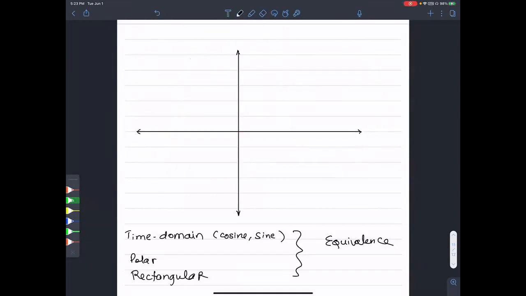Okay, so let me point out that the horizontal axis is the x-axis and the vertical axis is the y-axis. Okay, and by Euler's identity, you can call this the real axis and this one the imaginary axis. Okay, please bear with me with these names, real axis and imaginary axis, but we are pretty used to the Cartesian plane, right? The x-axis along the horizontal axis, and the vertical axis is the y-axis.